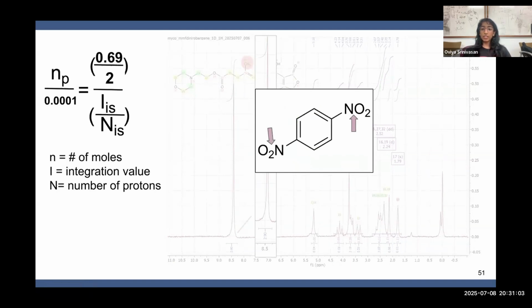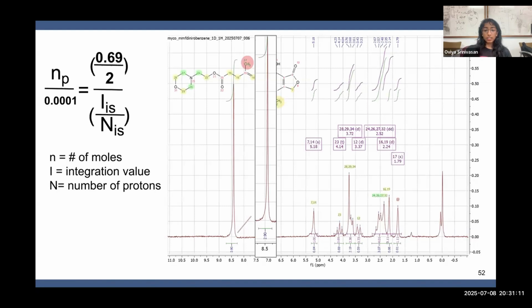This means that the single peak on dinitrobenzene represents these 4 protons because they are all chemically equivalent. So then we take the dinitrobenzene peak, look at the integration value, and substitute it into the equation.